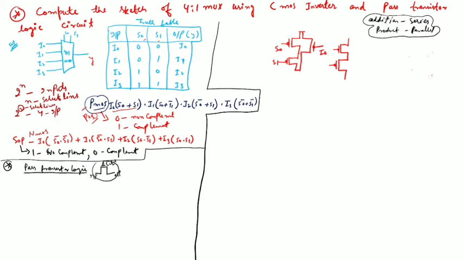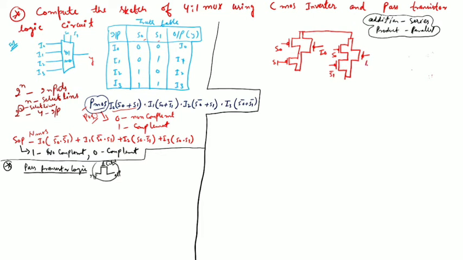I1 is multiplying both these. So firstly I am drawing this and then this. So this is the S0 and S1 complement, and parallelly drawn is I1 in PMOS, and these are connected to each other from the upper side.